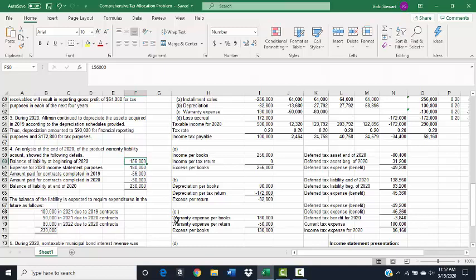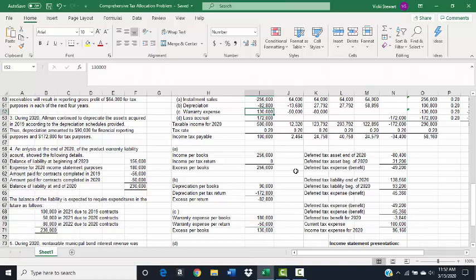So let's just look at the new warranties for this year that were recorded. Warranty expense for this year was $180,000, and then the amounts we actually paid for warranty repairs was $50,000. So the excess amount for this year is $130,000.